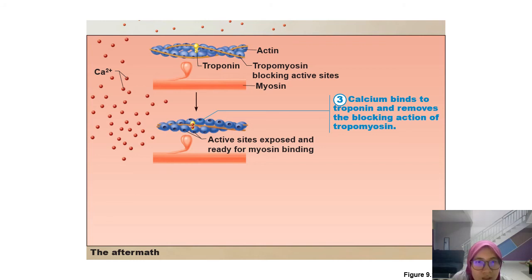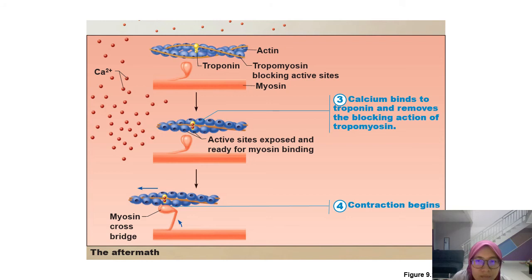So the active sites are exposed and ready for myosin binding. And now after the myosin and actin bind together, the contraction begins. We call this the myosin cross bridge.